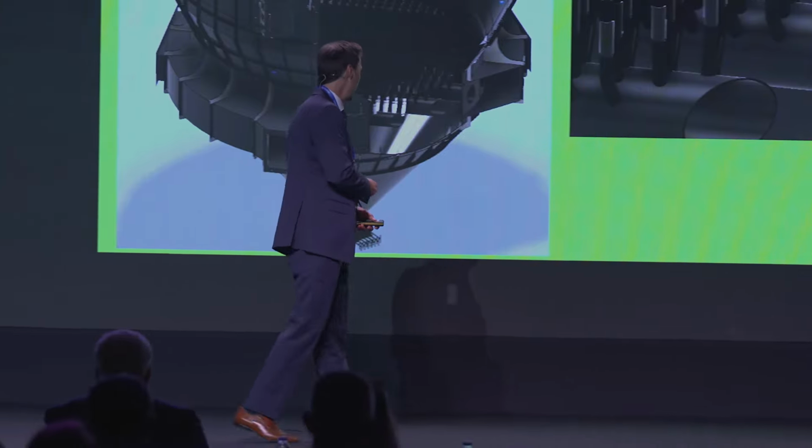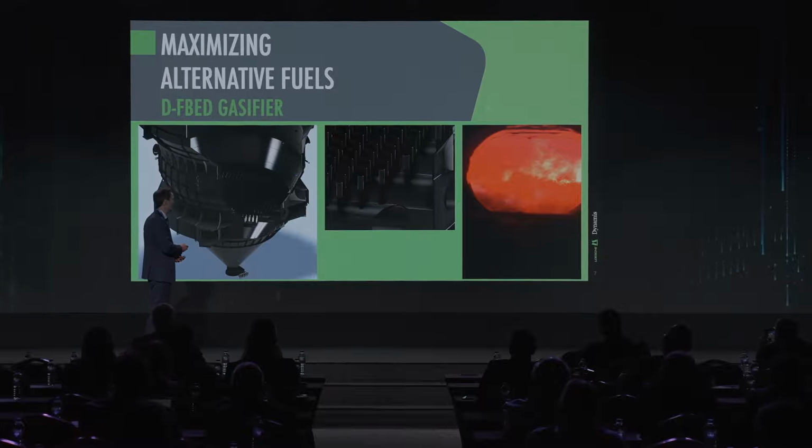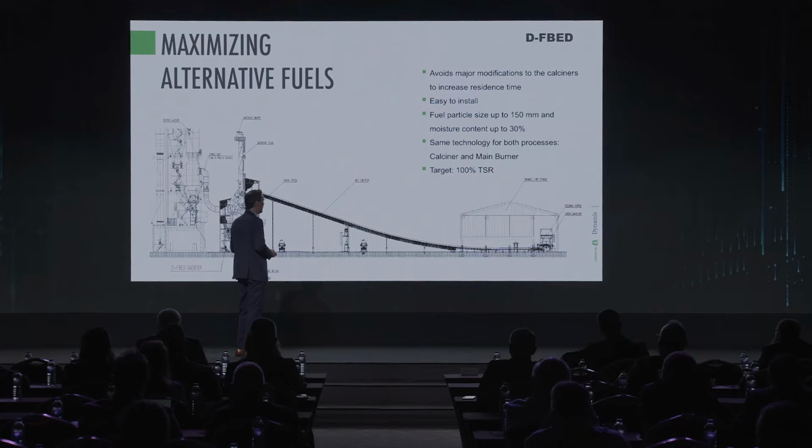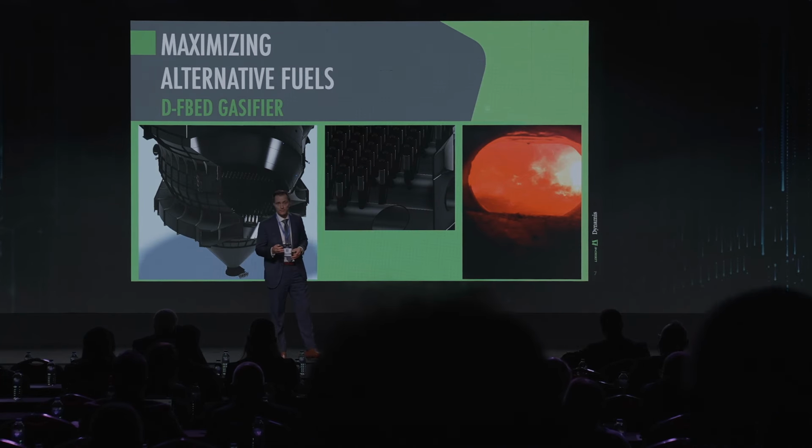Internally, the DF bed gasifier is a chamber lined with refractories and filled with sand up to this level, with hundreds of nozzles to inject air and generate bubbling, like you see here. Hot sand and the intense heat exchange make the fuel start reacting almost immediately.